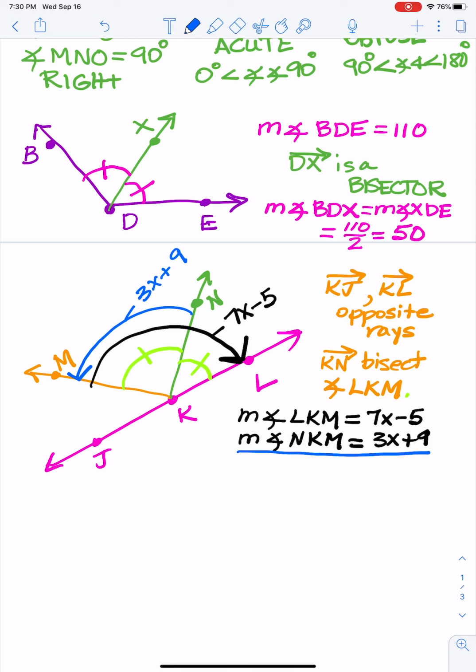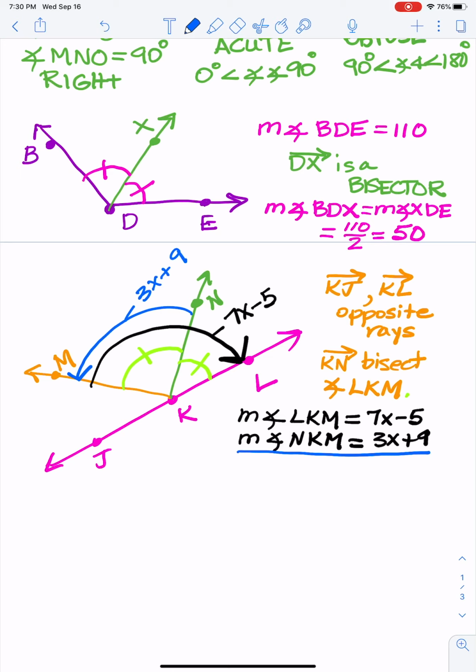Now what I have to do is look to see what I've drawn here. The two light green arcs with the little slash through them, those pieces are equal. The large black angle, 7x minus 5, that's the total of the two equal pieces. And 3x plus 9, that is the same size as one of the light green angles with the little tick marks through it.